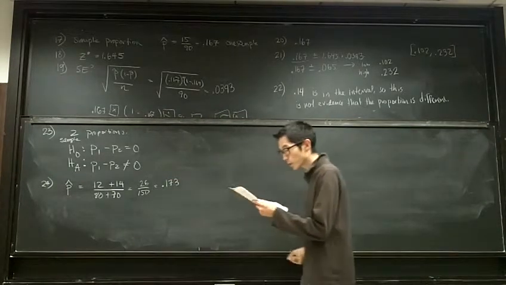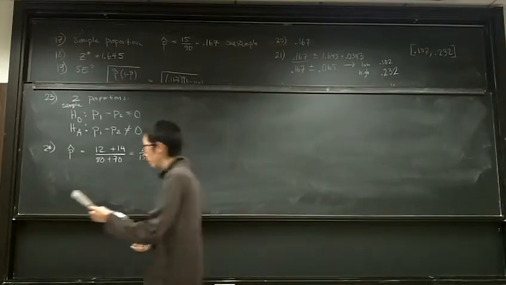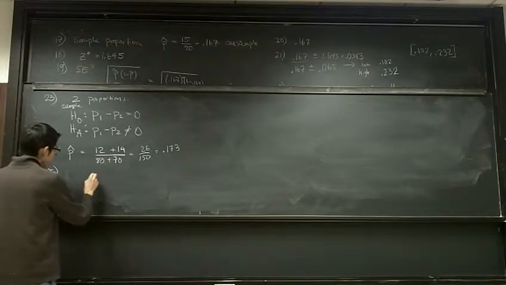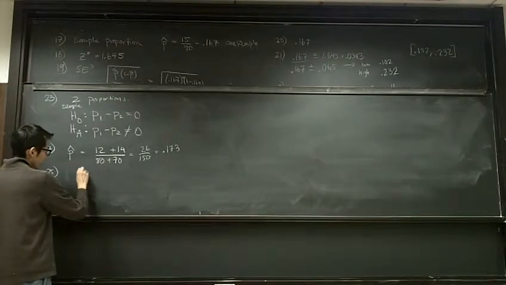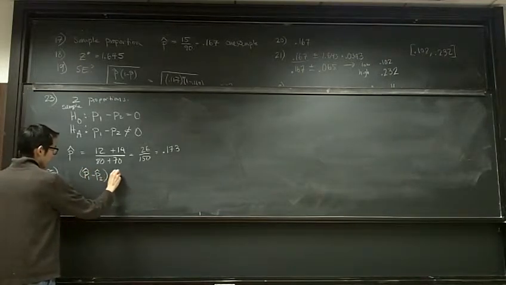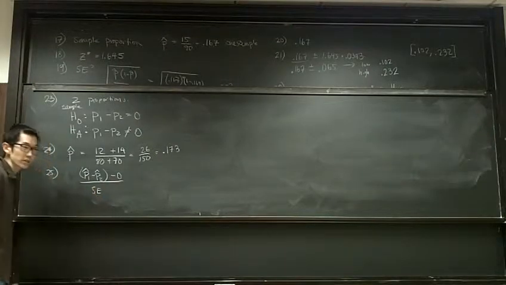So that's 24. And number 25 says, what is our test statistic? In this case, we're going to have P1 hat minus P2 hat minus 0 over our standard error.